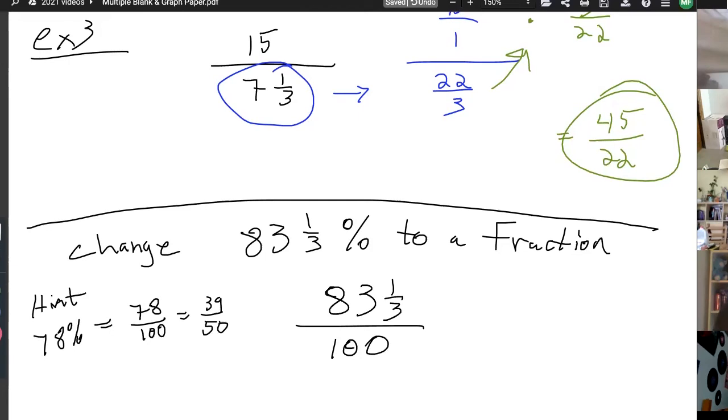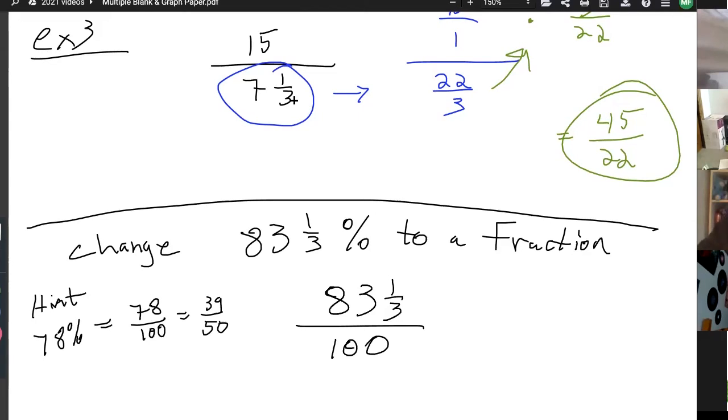Up to you. So that would be, the decimal would be 0.83 repeating, Kiara. Good job, but we want a fraction.